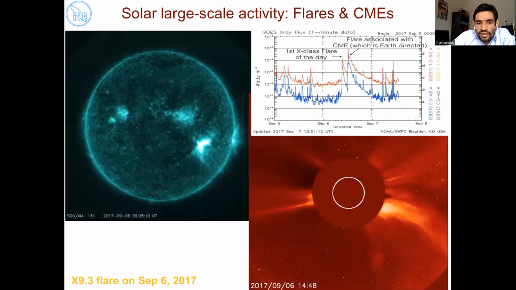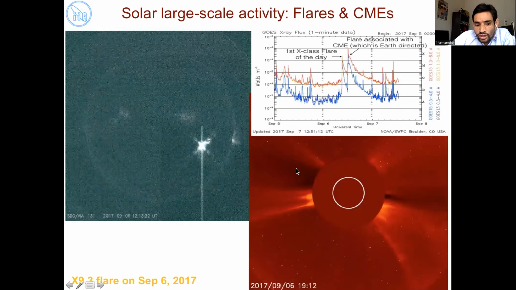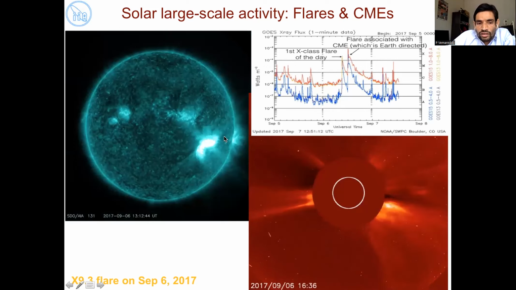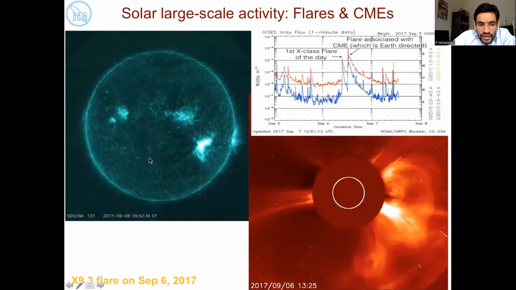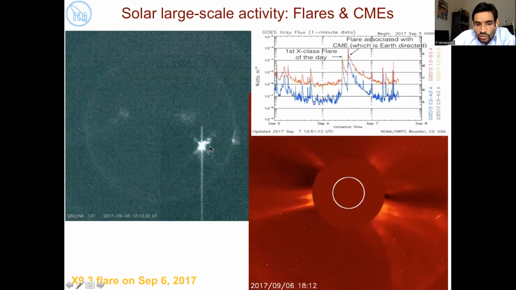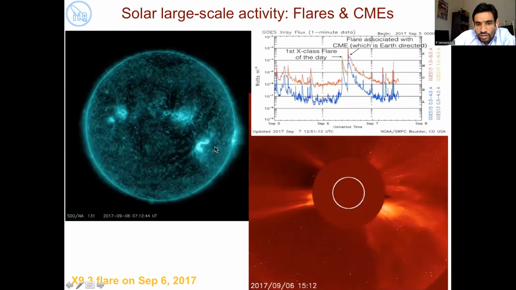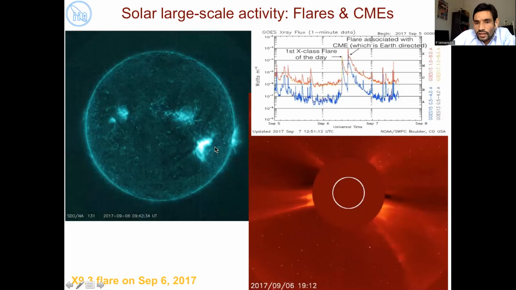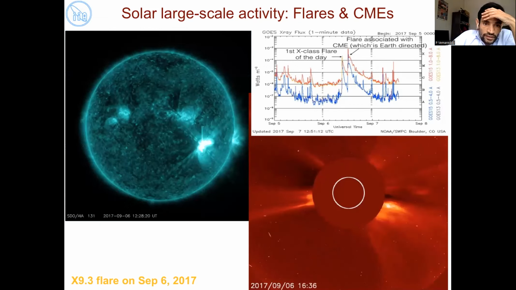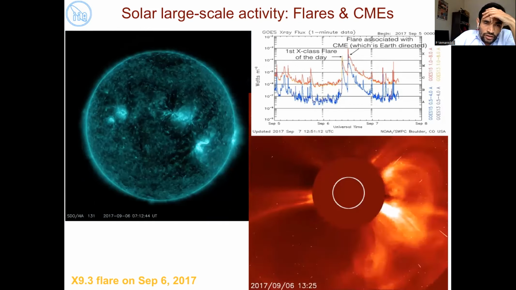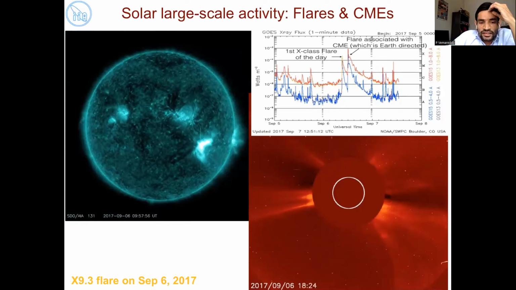Here is one example of how large scale eruptions can happen. Here on the disk, these are AIA 131 observations. There is an active region, the active region number, if I forgot, 12673, I think. Yes.